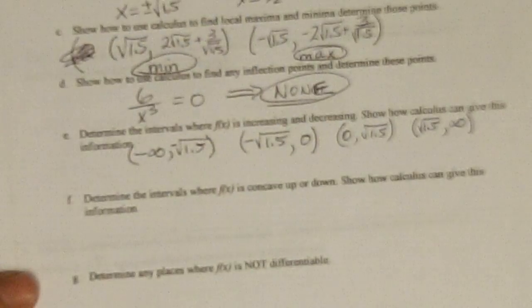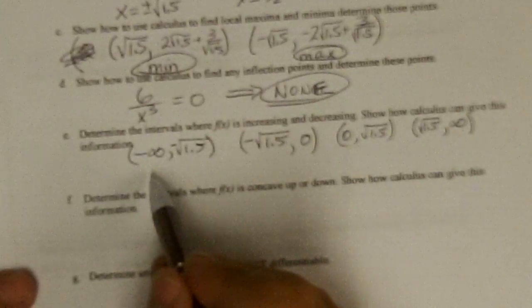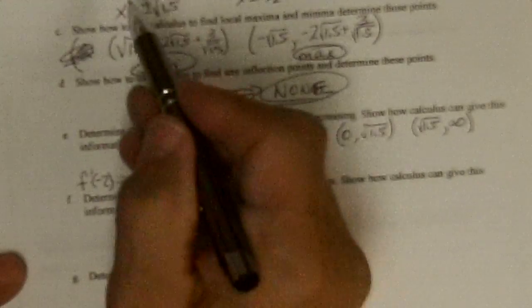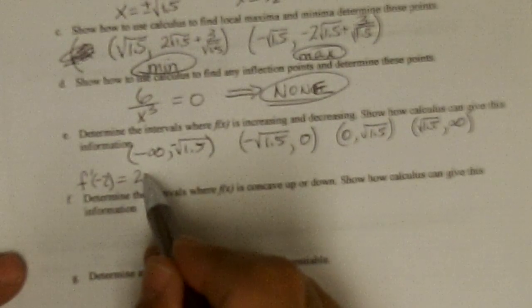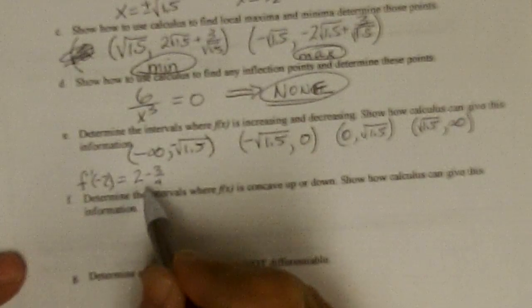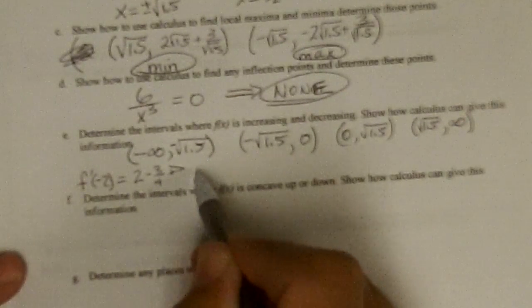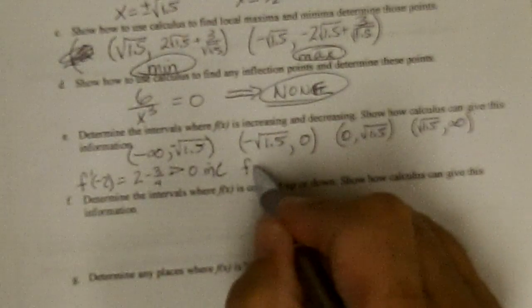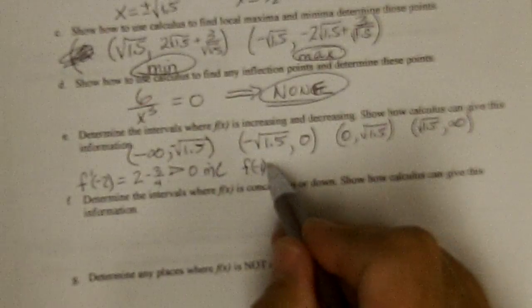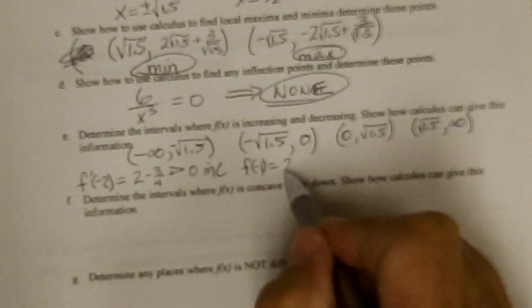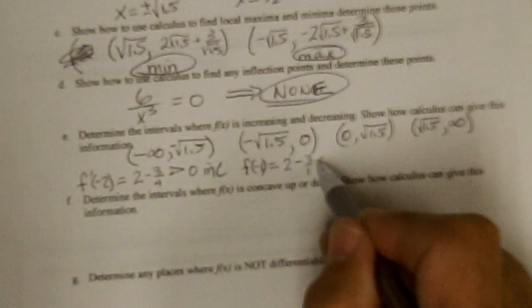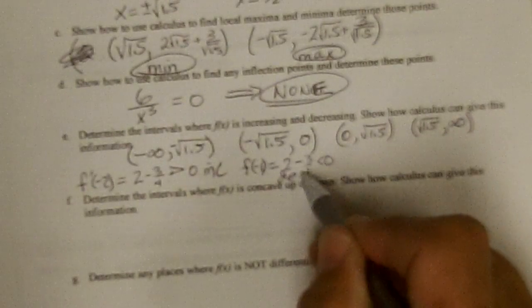The square root of 1.5 is 1.2, so this is negative 1.2. If I did negative 2, f prime of negative 2 is 2 minus 3 over 4, which is greater than 0, so it's increasing. Something in here would be negative 1, so f prime of negative 1 would be 2 minus 3 over 1, which is less than 0, negative, so it's decreasing.